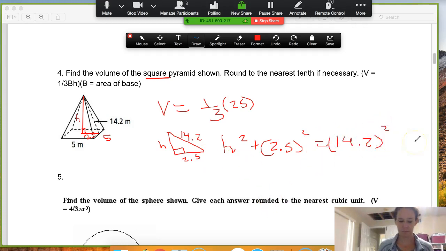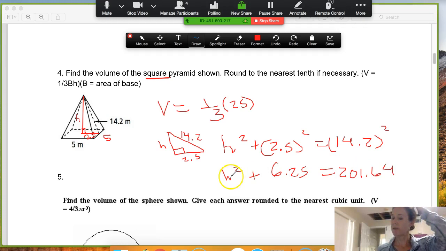And then solve. So let's just do the solving. 2.5 times 2.5 is 6.25. And so we've got h squared plus 6.25, and then I'm going to do 14.2 and square it. And I'm going to get 201.64.